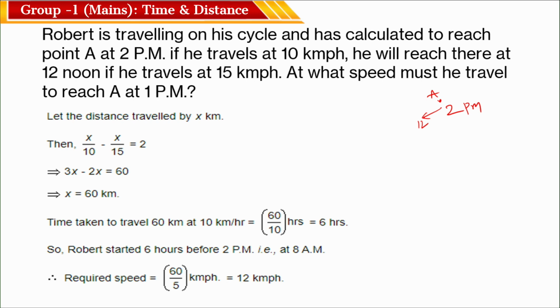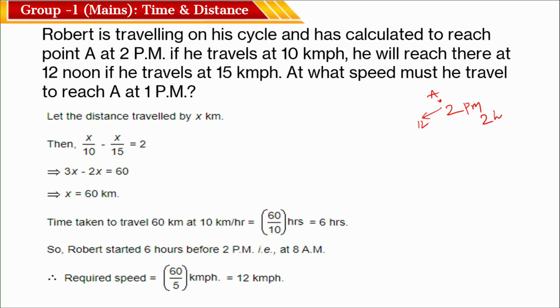Actually, when his speed is 10 kilometers per hour, he reaches the point A at 2 p.m. When he increases speed to 15 kilometers per hour, he reaches the point A at 12 noon, so the difference between these two timings, 12 noon and 2 p.m., is 2 hours, correct?